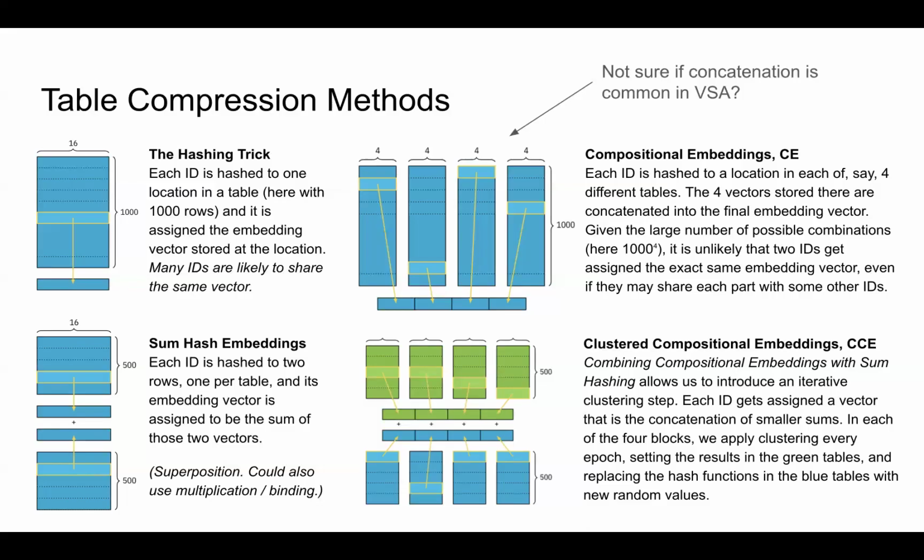Our goal was, when you're trying to make this composition or superposition, so you're trying to represent maybe some movie as a superposition of two different concepts, why would you choose them at random? It might be that two movies that are more similar should really be sharing the vector in one of the tables.